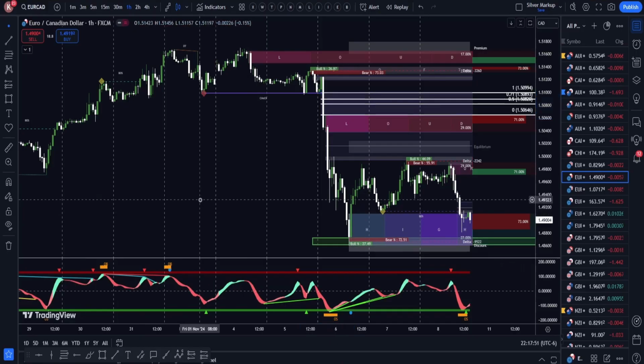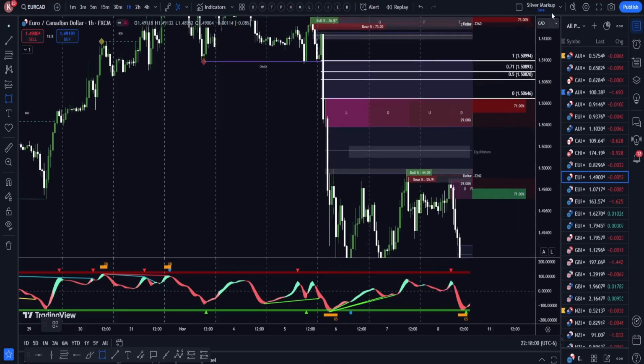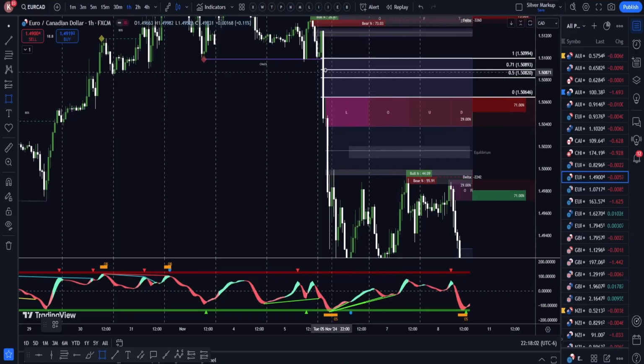Here we go. And I would go in and identify kind of where I want to play within, which is between the 50% and the 71%. And that would be my imbalance goal. But you notice Chart Prime already has the line marked out there, so I didn't have to do all that work. So the more time I'm able to save, the more things I'm able to look at.